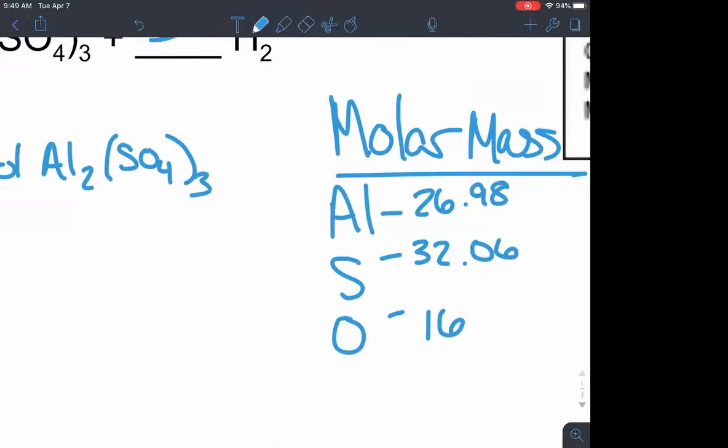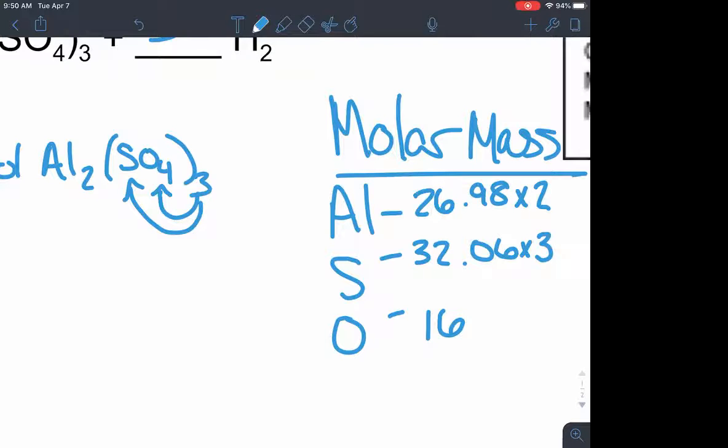Now, if we look, how many aluminums do you have in this compound? 2. We have 2, so we've got to take this and multiply it by 2. How many sulfurs do you have in this compound? 3. You have 3 because this 3 distributes into both the O and the S. So we have times 3 here, and how many oxygens do you have? 12.